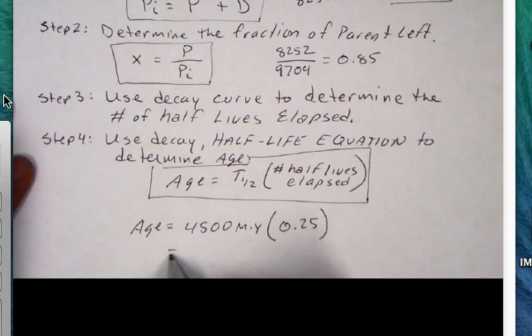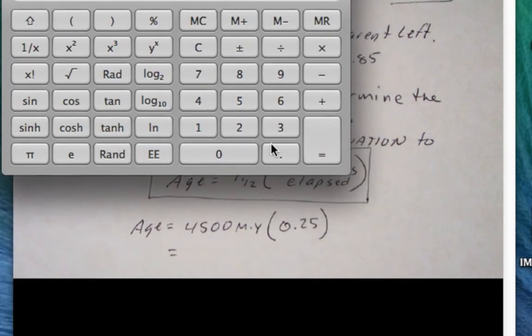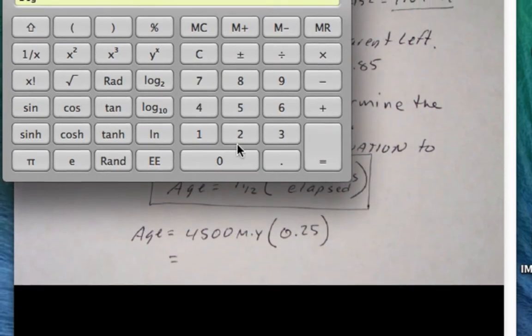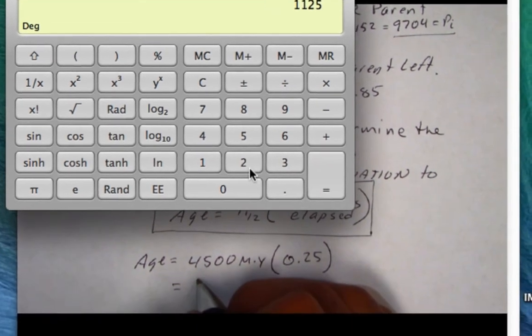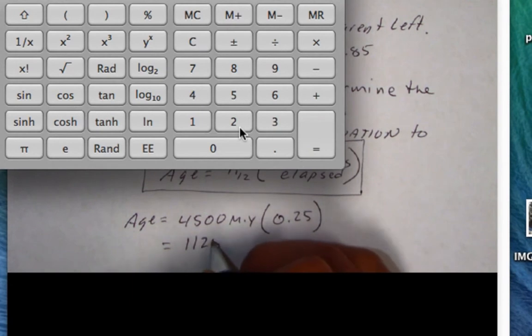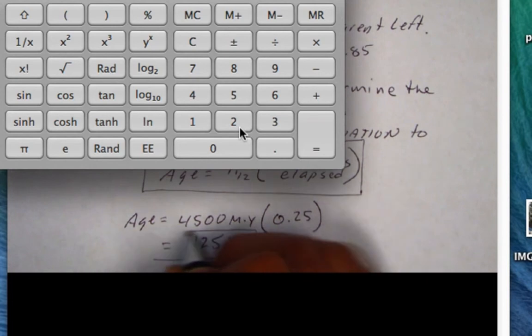And so when we do this, we'll get our calculator over here, and we'll do 4,500 times 0.25, and we get 1125. So the age of this rock or mineral is 1125 million years old. That's how we get the age of that sample.